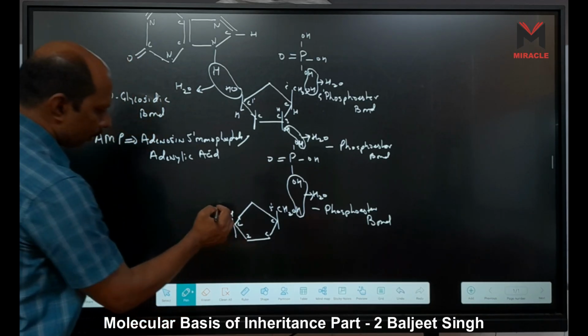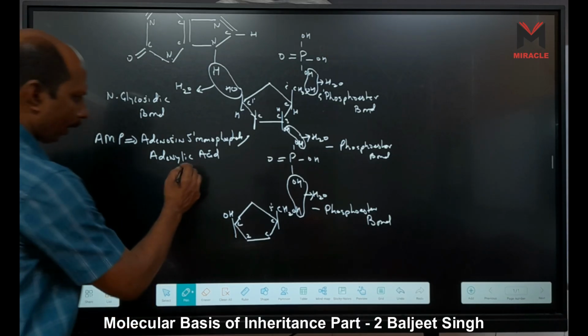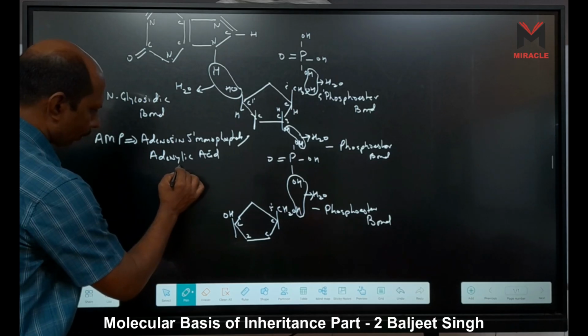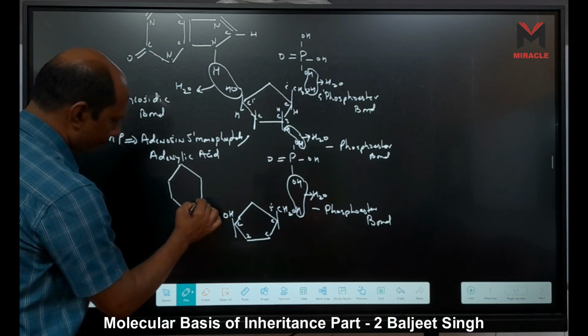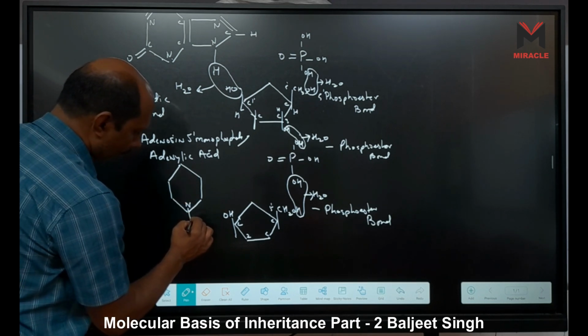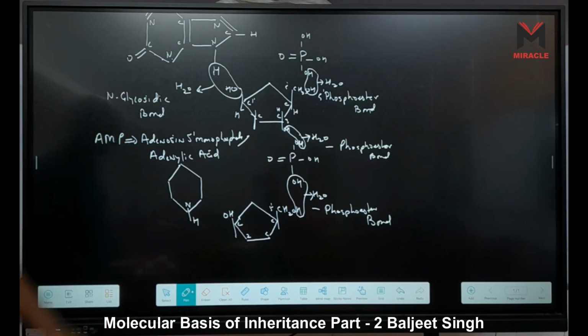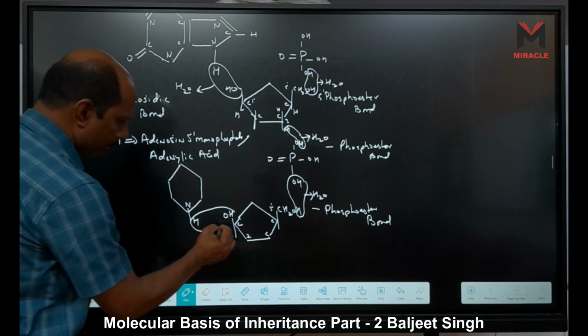And we know this first carbon is bound with a nitrogen base. Suppose that this one is our pyrimidine. Pyrimidine means this first nitrogen binds with first carbon, right? So here, this H2O is removed.